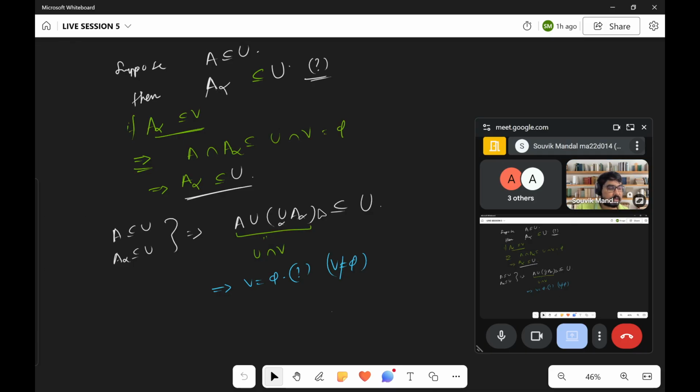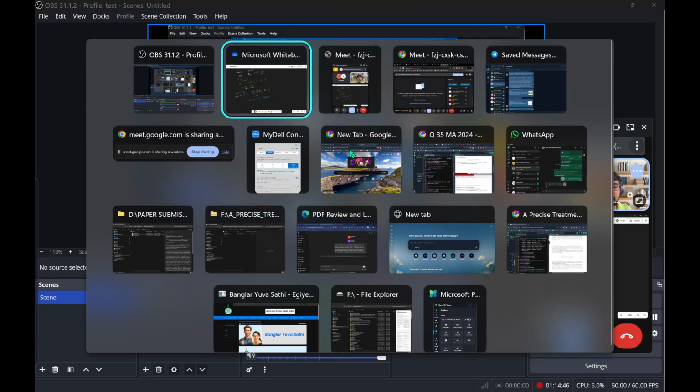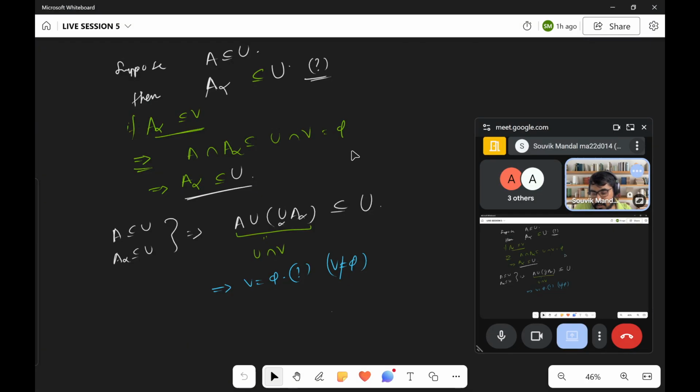Yes, sir. So this is one way of showing that A union the union over alpha of A alpha is connected. It is one way, from scratch, from the definition.